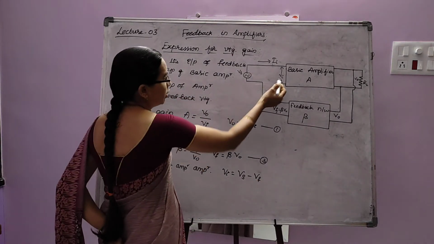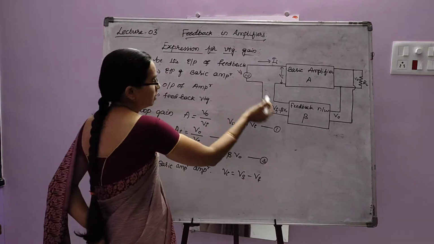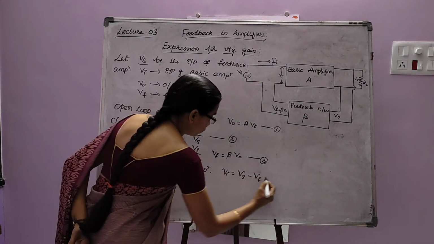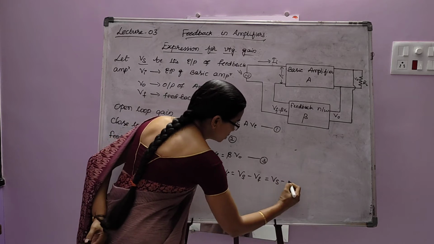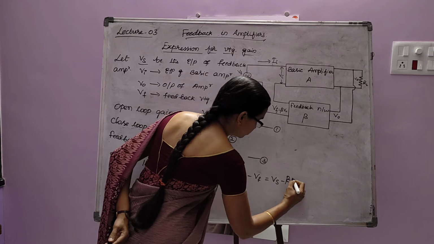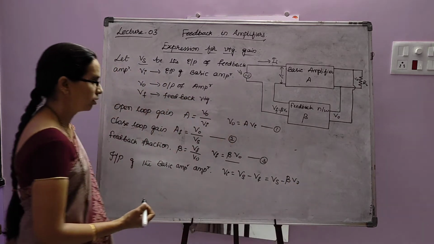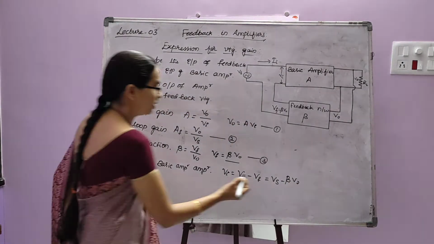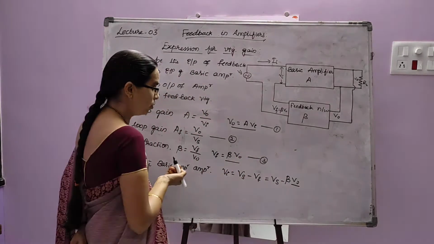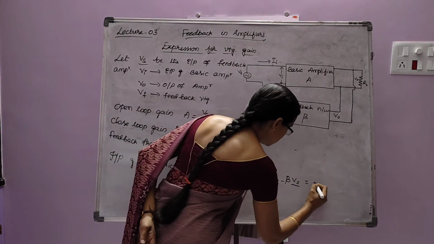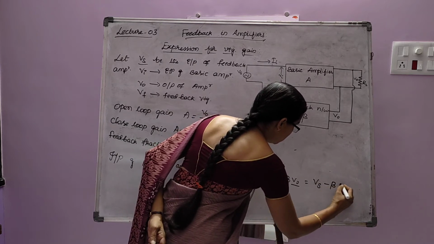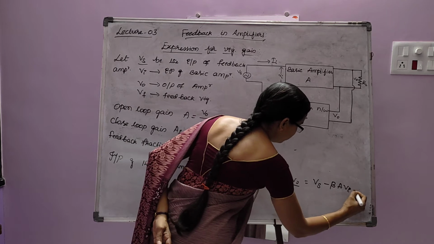The input of the basic amplifier will become Vs minus Vf. So Vf is equal to what? Vf can be written as beta V naught. V naught can be represented by equation 1, A into Vi, so Vs minus beta A Vi.